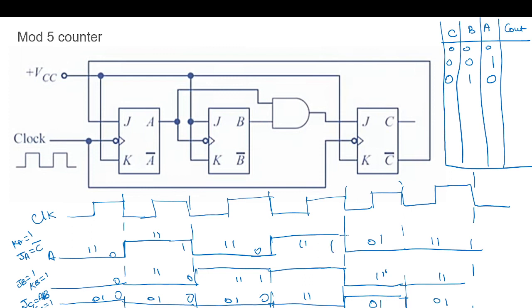Next is 1, 1, 0. So 0, 1, 0, 0, 1. This again 0, 0, 0. That is 0. So there are 5 valid states. So it is modify counter.